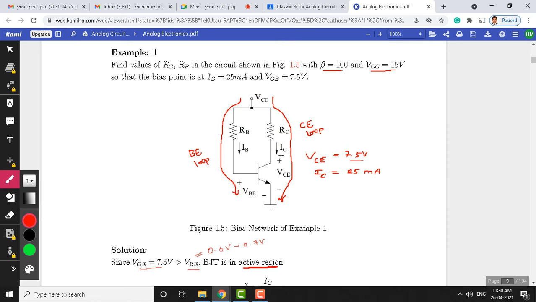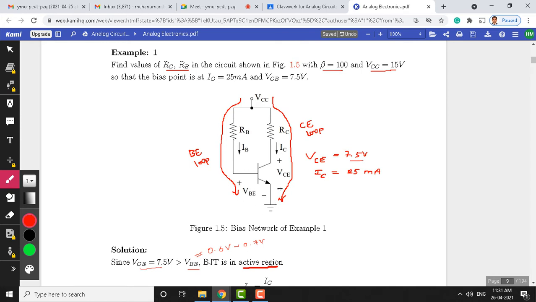So, students should practice both ways. Do not look at the problem from one point of view, you should also look at it from the other point of view. Here the voltages and currents are given, we estimated RC and RB. So, this is called a design, we designed the bias circuit with fixed base current here.